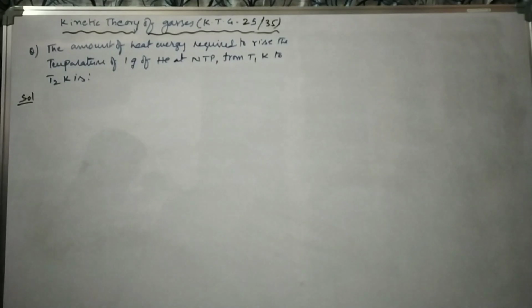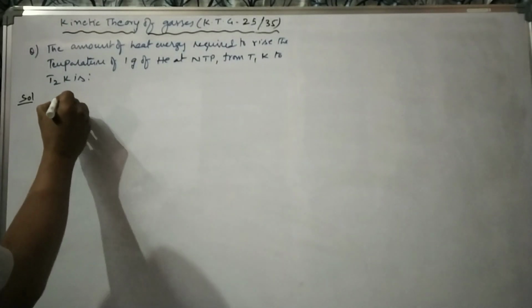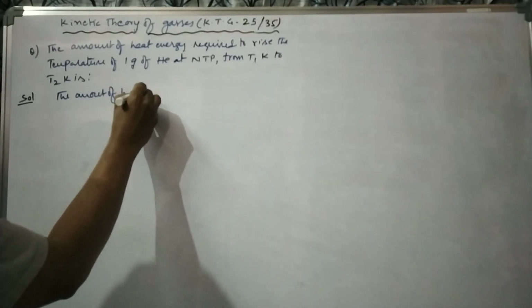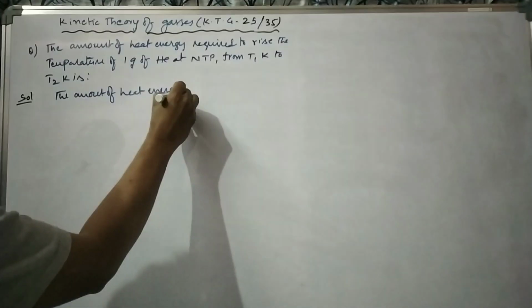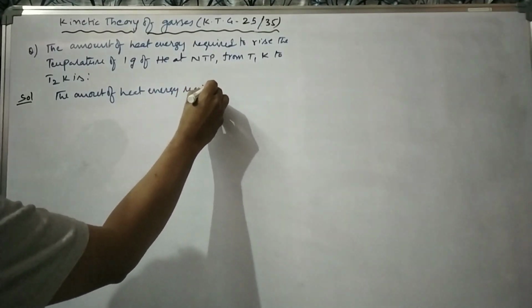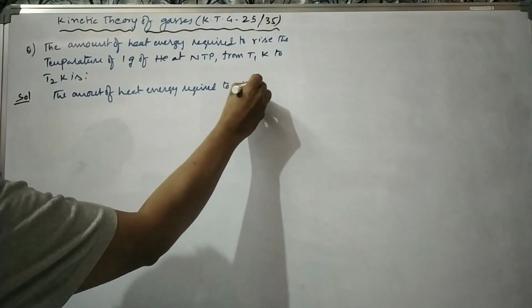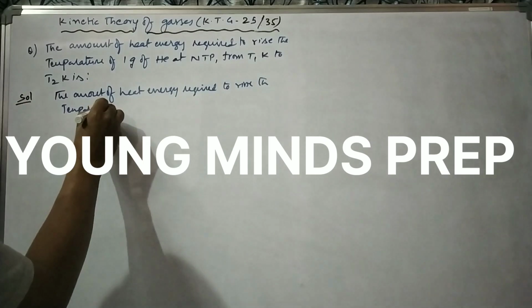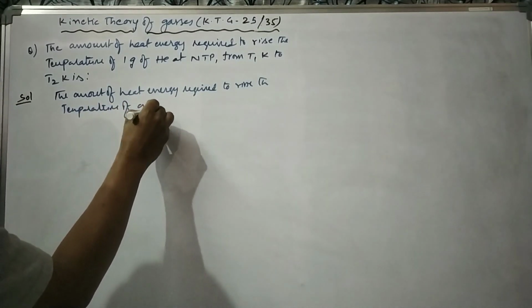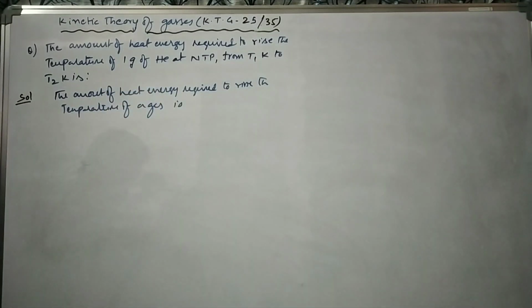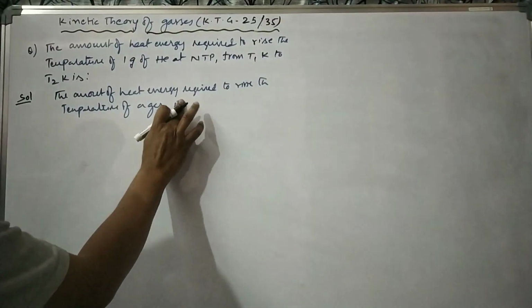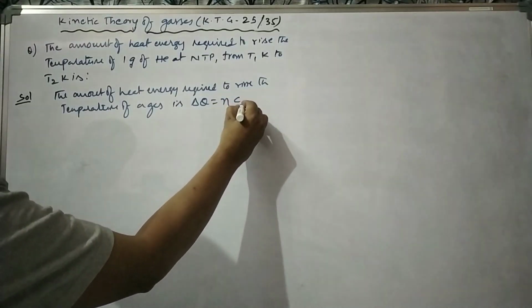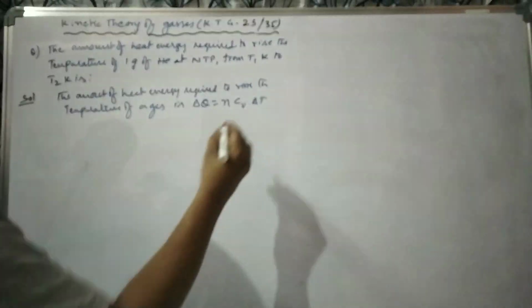You know very well the amount of heat energy required to raise the temperature of a gas is delta Q is equal to N into Cv into delta T.